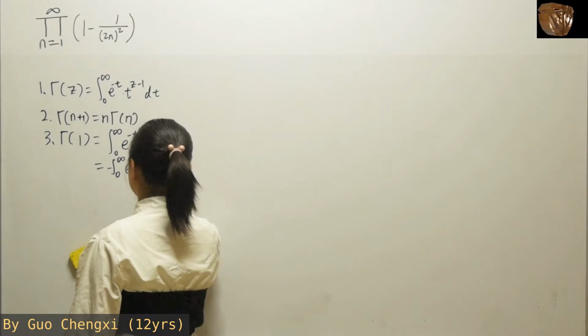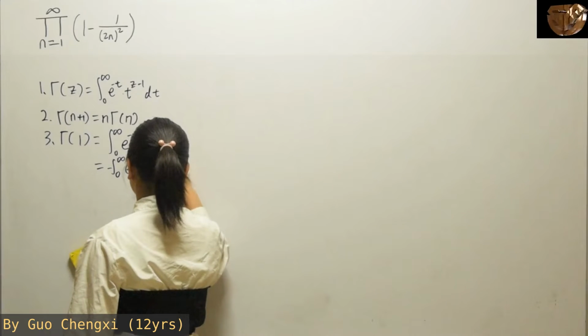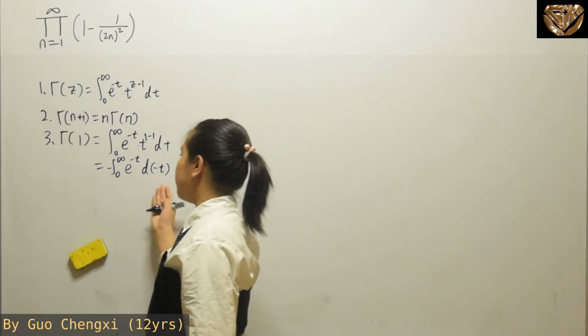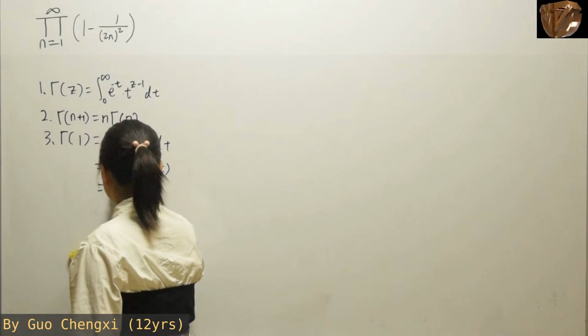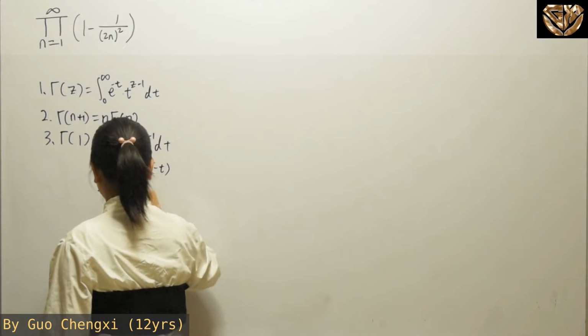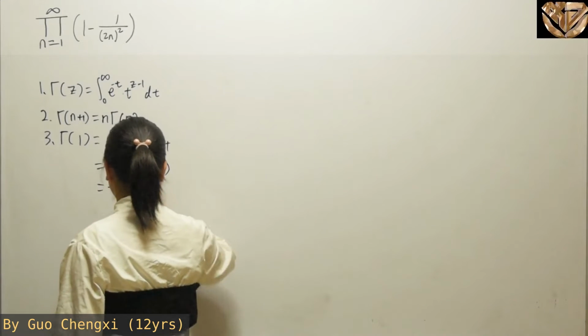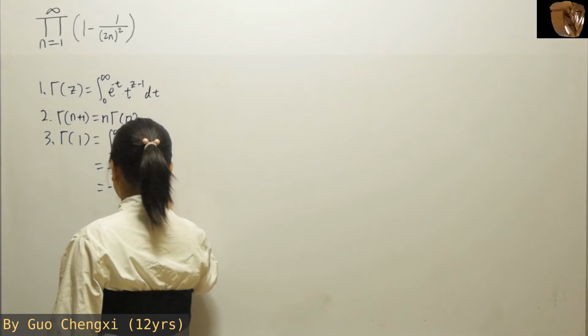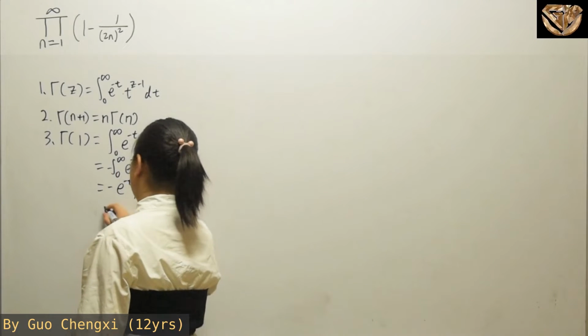Well, I have a negative here, so when you integrate it, what you will get is negative e to the power of negative t going from 0 to infinity.